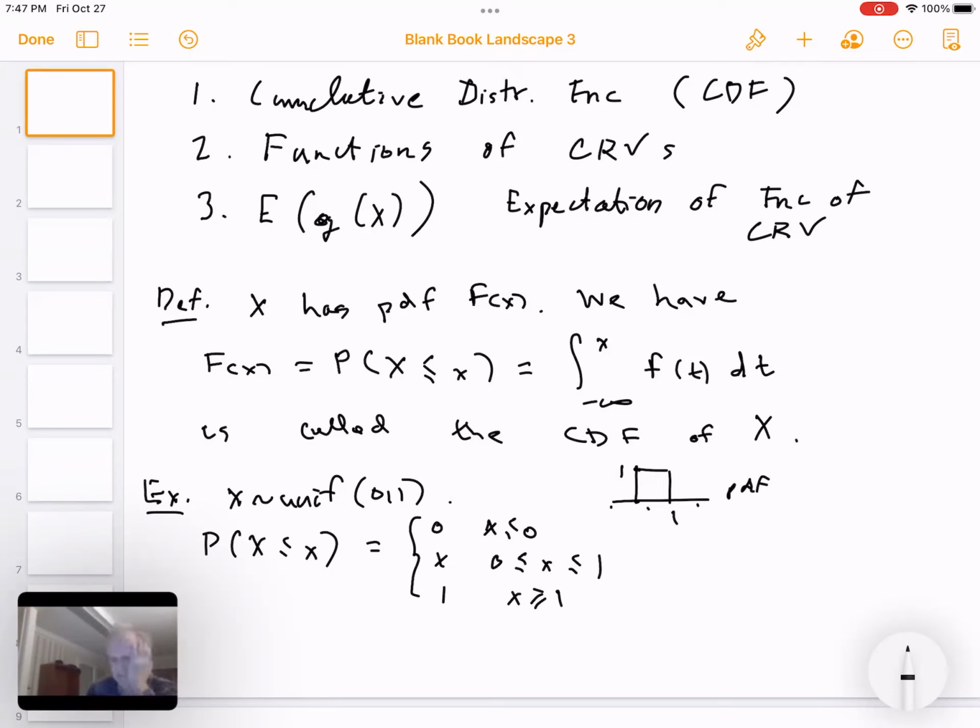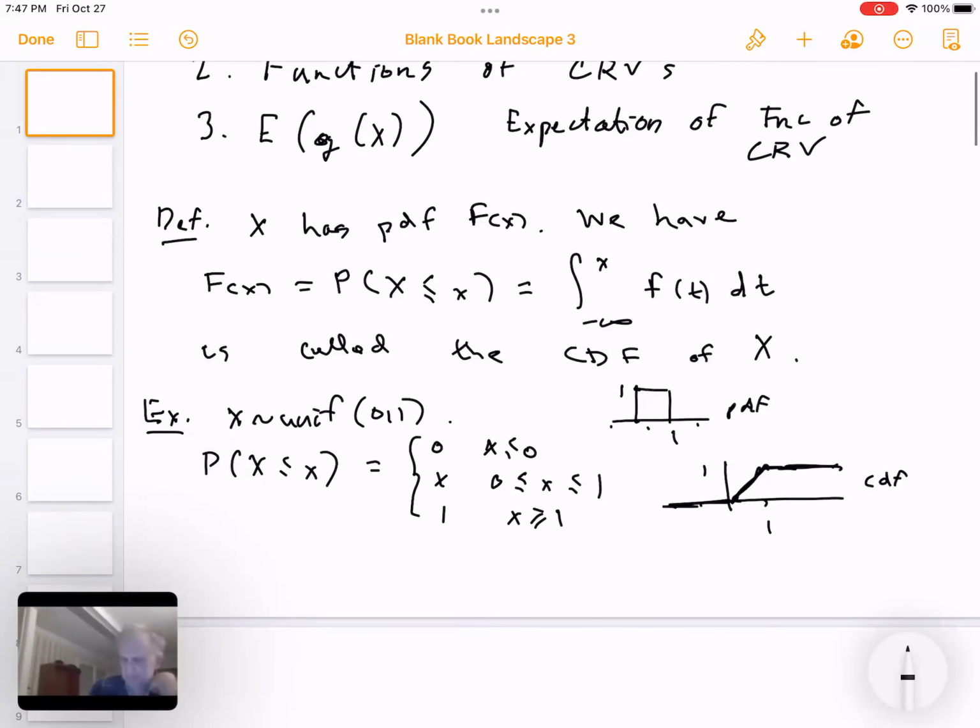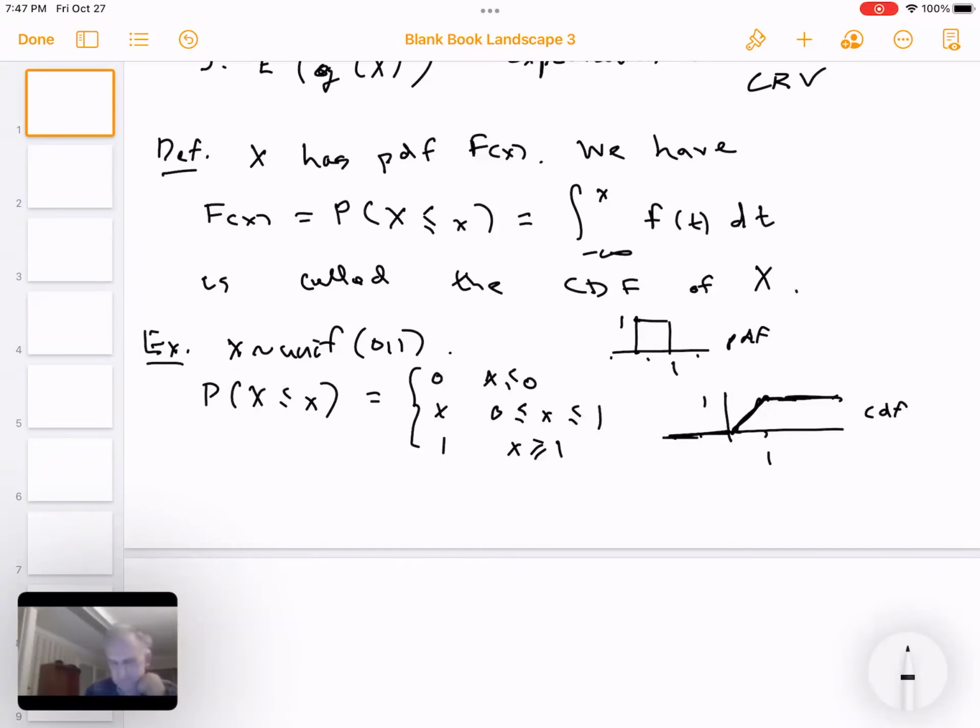It's not differentiable at those points, but it is continuous at those points. If I sketch it, then the CDF just looks like this. It's 0 up to here, and then it goes up to 1 here. It goes like this here. So this is the CDF. That's the CDF for a uniform 0, 1.